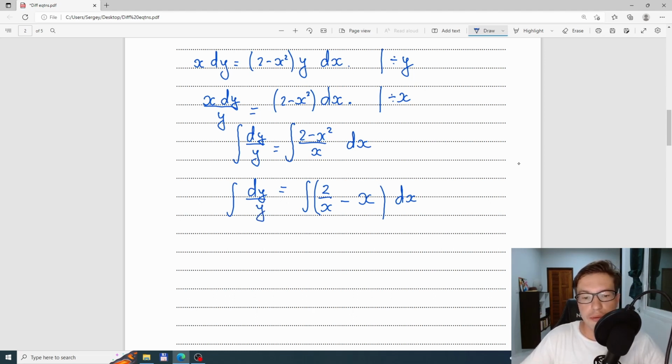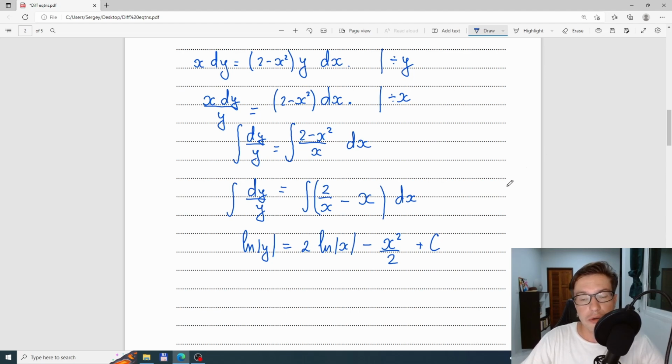Okay, so now the integral of 1 over y is natural log y, equals natural log x minus the integral of x, which is x squared over 2. Okay, and then don't forget to add c, the constant of integration.